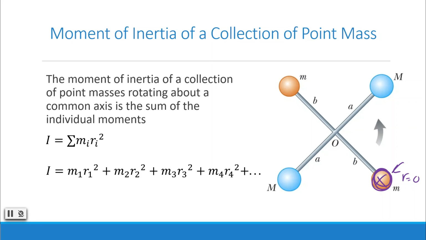It's not providing any resistance. And then this mass would have an R that is based on the triangle right there. And then this one over here, its R would be B plus B, so 2B. And this one would have an R there. So you change the axis of rotation, you change your R values, okay? So the distance to the axis of rotation.